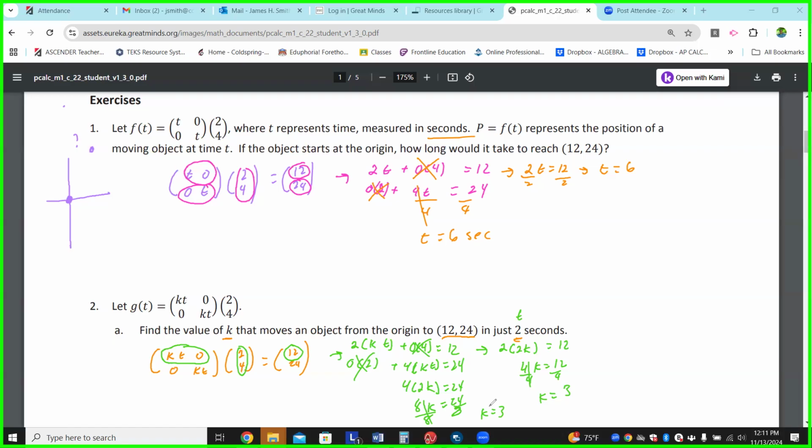But they would never say, let f be time. Somebody out there could say, let f be time, but typically in word problems, t is always time. And f of t is usually position or displacement or feet and stuff like that, height. Any other questions on 1 or 2a?